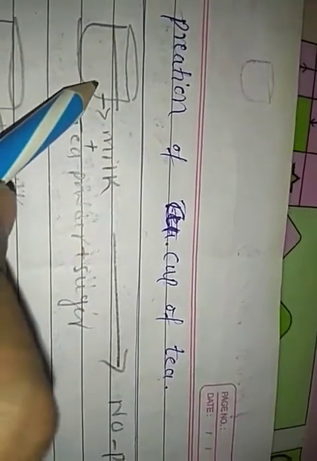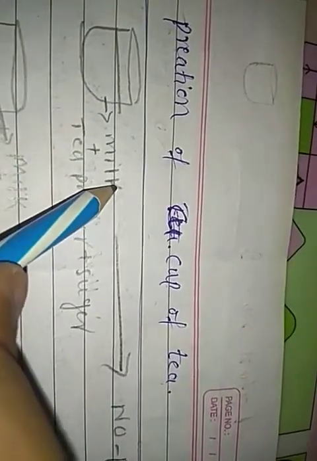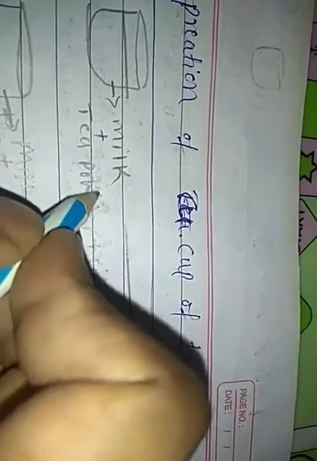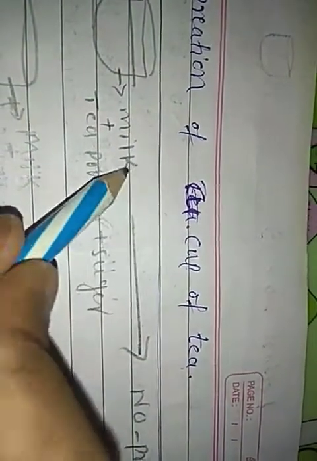In the first chamber, I am using a steel vessel, in which I am adding milk, tea powder and sugar. All these things I am adding here, and there is no product.